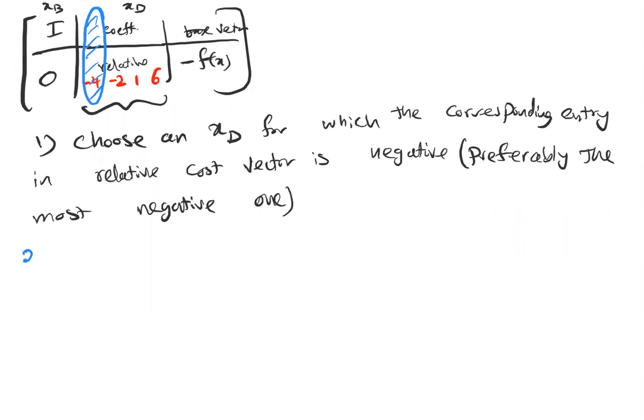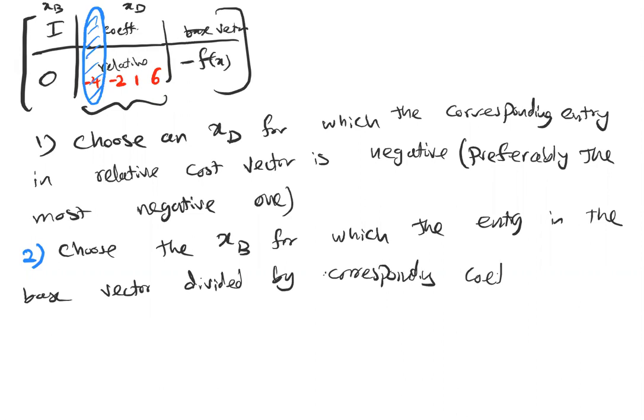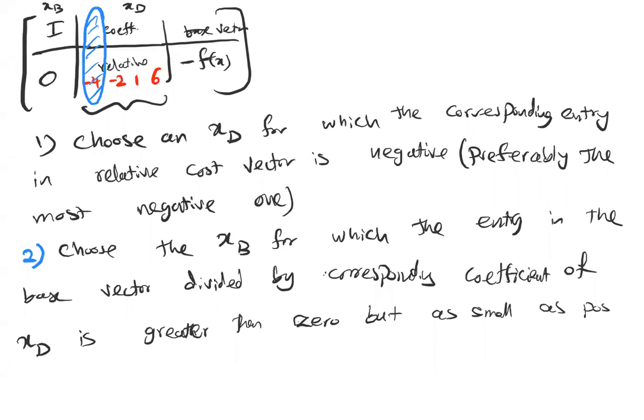Then, in the next step, choose the xb, or the basic variable, for which the entry in the base vector divided by the corresponding coefficient of x sub d is greater than 0, but as small as possible.